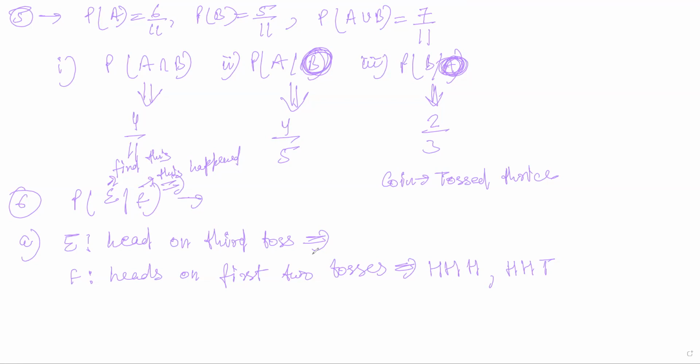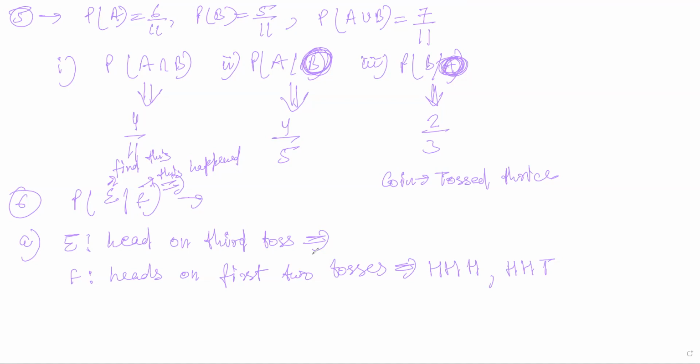We want the probability of head on third toss given head on first two tosses. There are two possible elements, either the third toss contains head or tail, in which we want head on third toss, hence the probability should be 1 by 2.